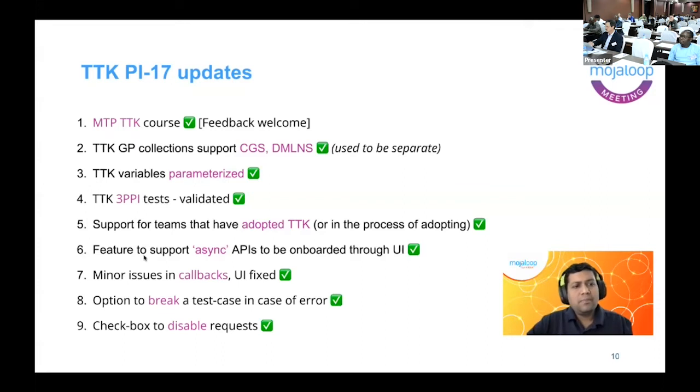The significant new feature is supporting asynchronous APIs to be onboarded through the UI. We can just upload the Swagger file of our asynchronous API through the UI, and then map the request and callback through the UI itself now. So that's a new feature. And then we fixed minor issues with the UI and backend services.